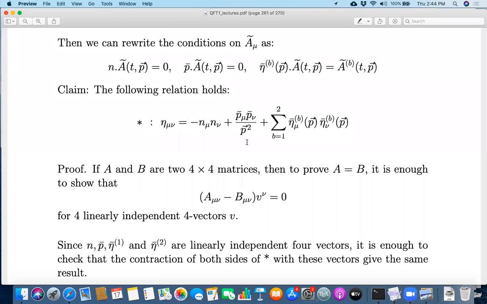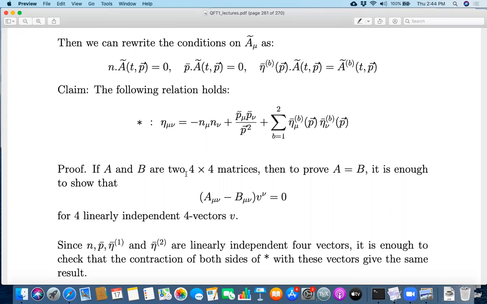Anyway, both sides are completely well defined. With 2 indices, this is a 4 by 4 matrix on the left hand side, a 4 by 4 matrix on the right hand side, and the claim is that these two are equal. The easiest way to check this is the following observation: imagine that you have 2 4 by 4 matrices A and B, and you want to prove that the 2 matrices are equal.